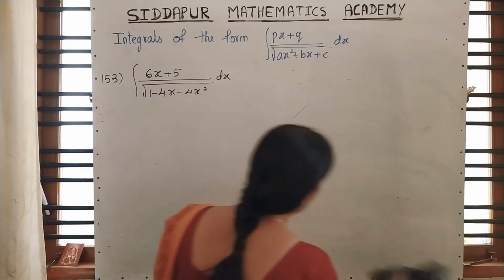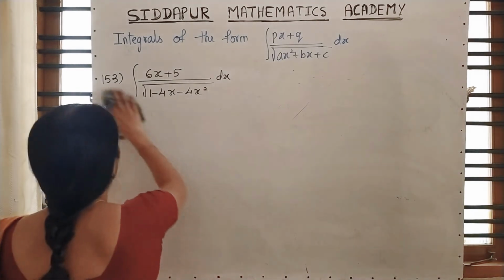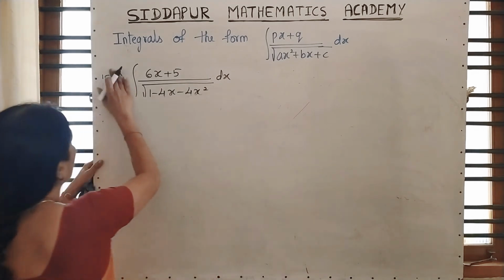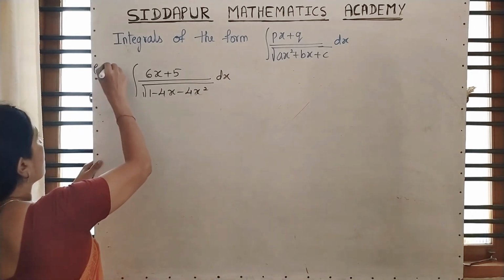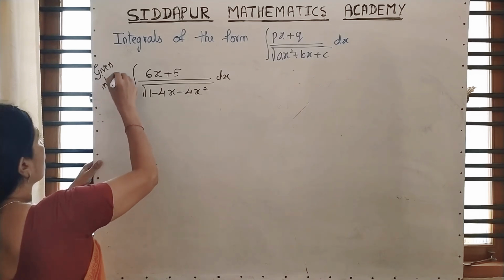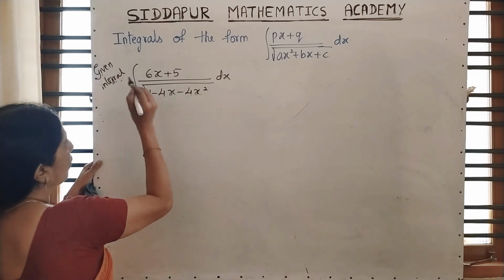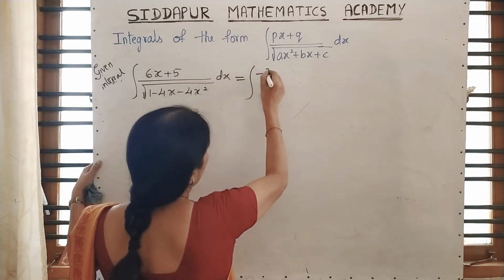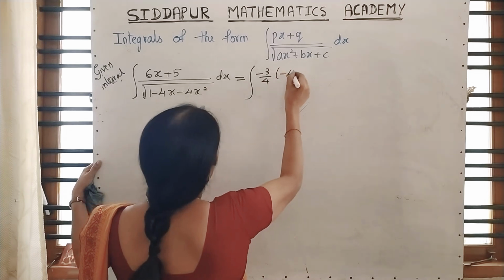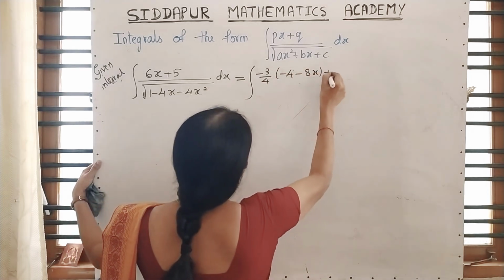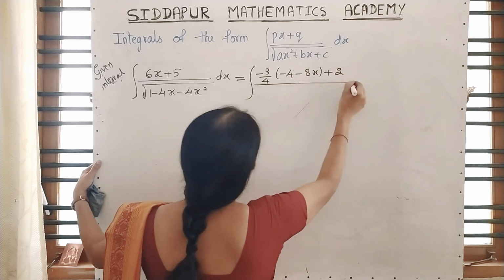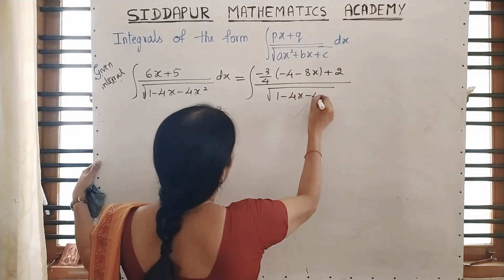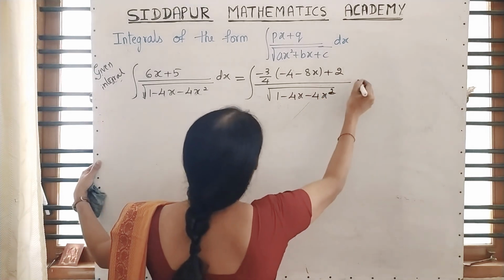The given integral, 6x plus 5 upon root of (1 minus 4x minus 4x square), is equal to, write down that numerator: minus 3 by 4 into (minus 4 minus 8x) plus 2, upon root of (1 minus 4x minus 4x square) into dx.